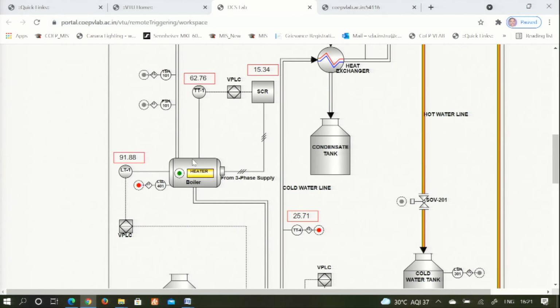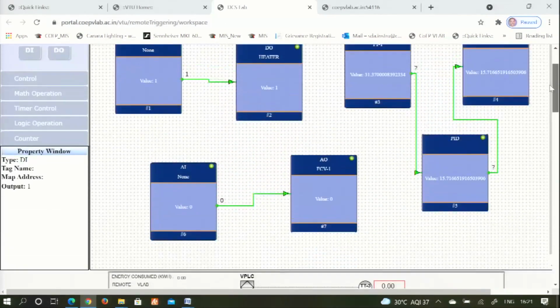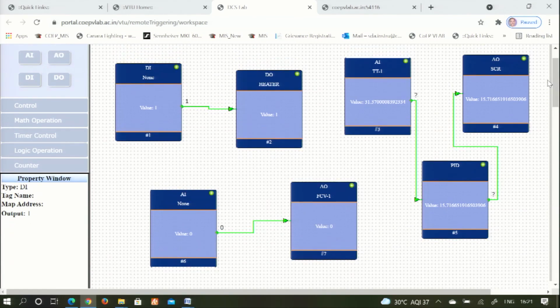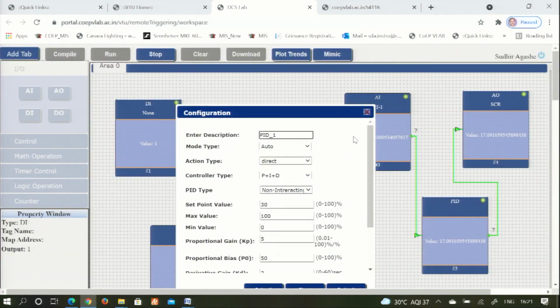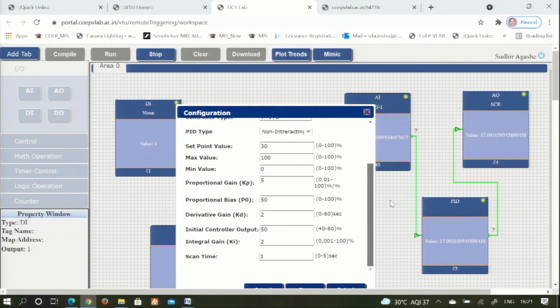But while the temperature starts rising, there will be control because of this PID controller. I will show you the configuration. You just right click that block, and after right clicking you will find all the configurable parameters.